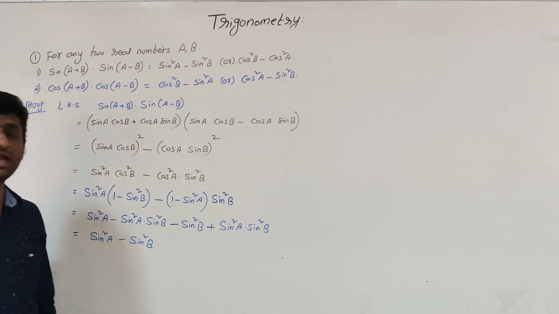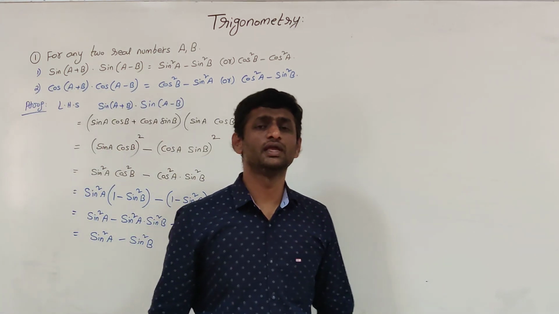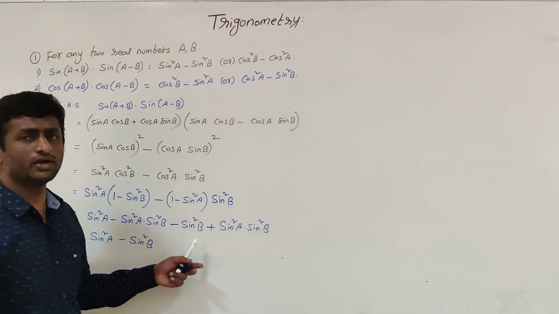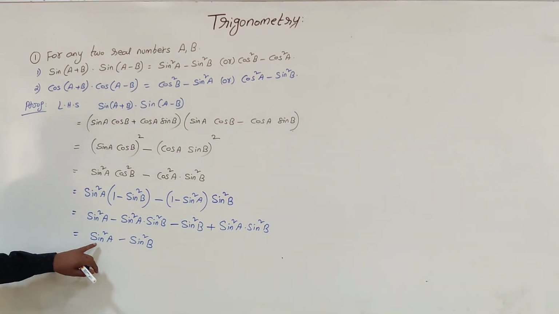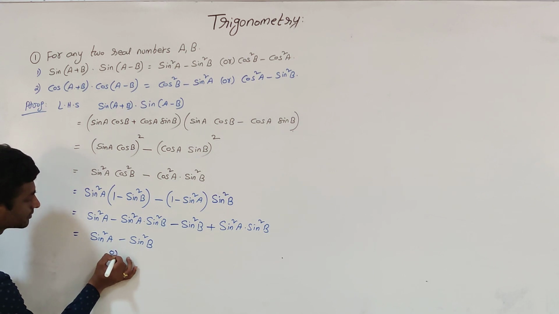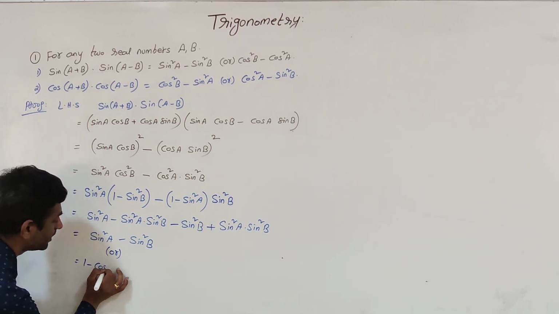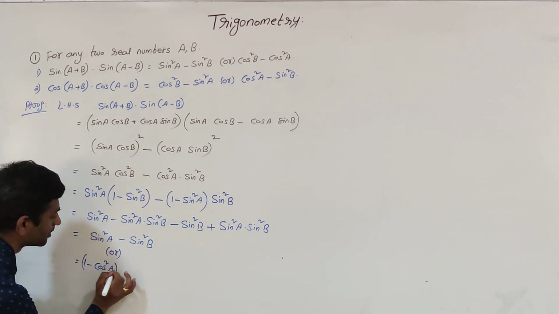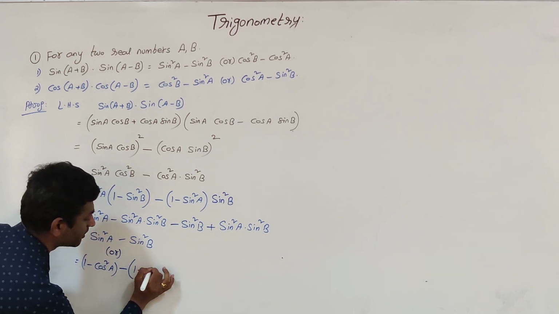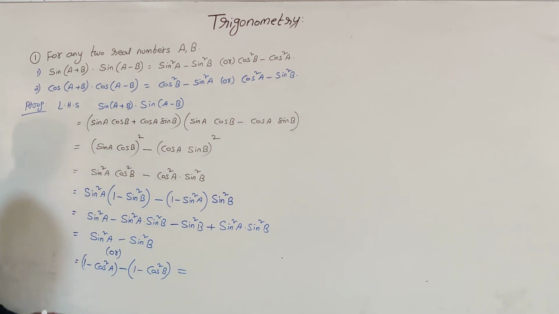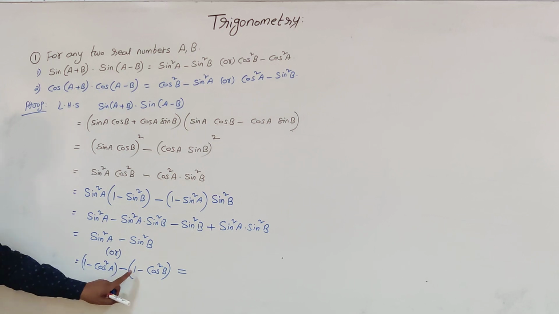So that is the result. Sin of A plus B into sin of A minus B can be written as sin square A minus sin square B. Or in order to convert in terms of cos, again sin square A can be written as 1 minus cos square A, minus sin square B means 1 minus cos square B. If you simplify, 1 and minus 1 get cancelled, minus cos square A, minus into minus becomes plus.